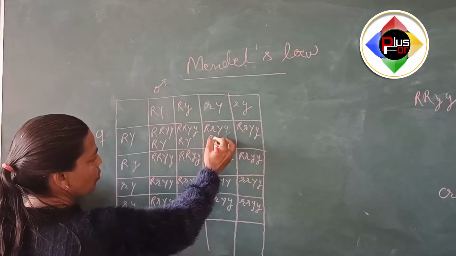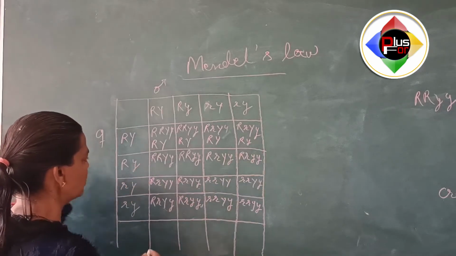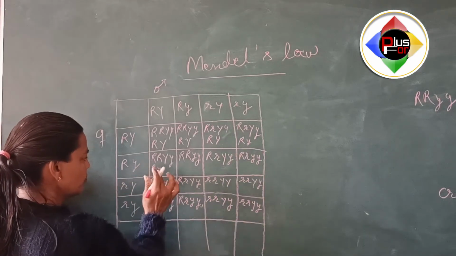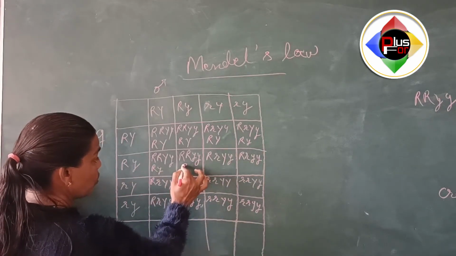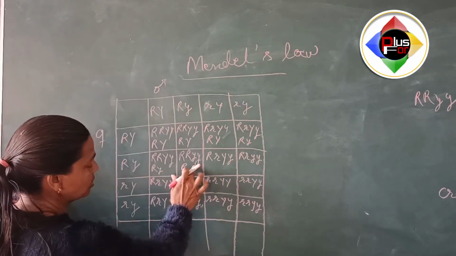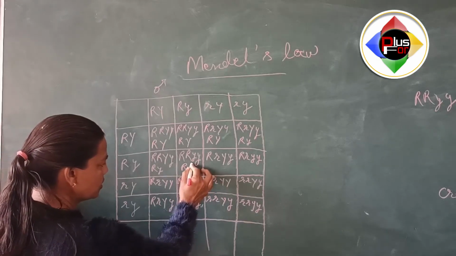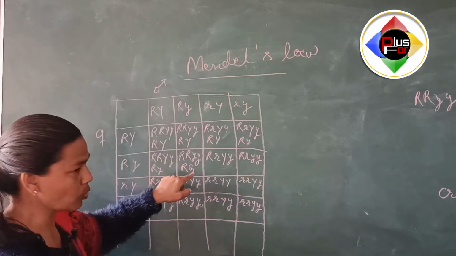Here is round and yellow again, round and yellow again. Here is round and green, because both genes of flower color are small. Due to this reason, the plant is round and green.